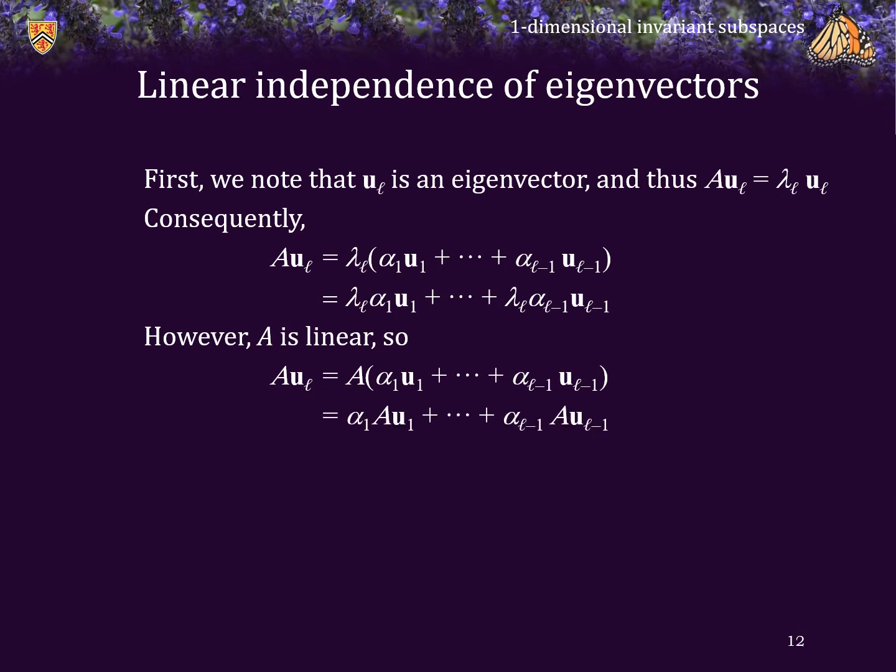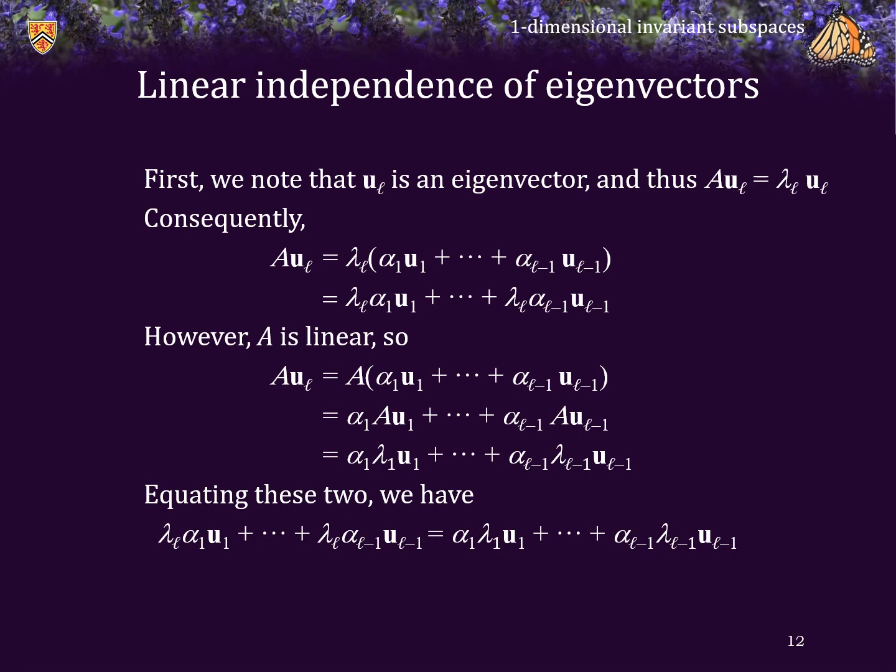But all of the first L-1 vectors are eigenvectors. Consequently, each one of them is equal to some scalar multiple times itself when that eigenvector is multiplied by A. All right, so now we have two linear combinations that are equal to each other, so we will equate them.